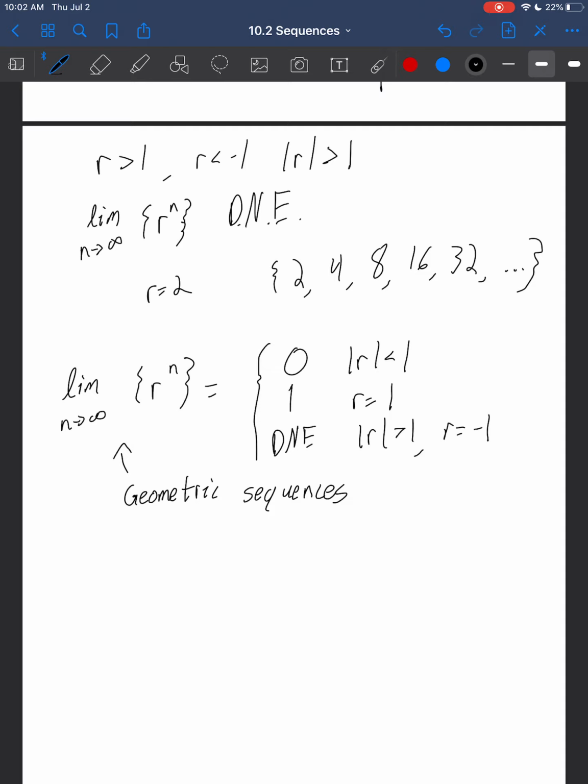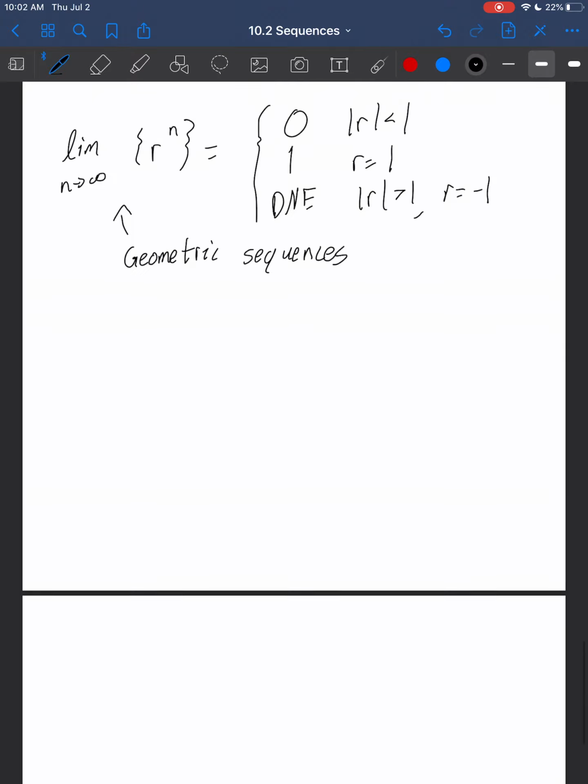And now we can use this along with our previous technique of using the limit rules in order to determine what values of limits are going to be in a more easy fashion.